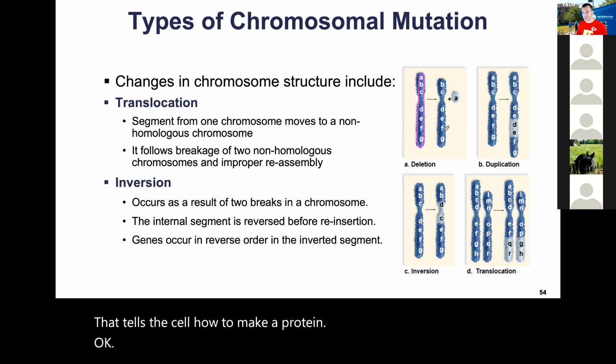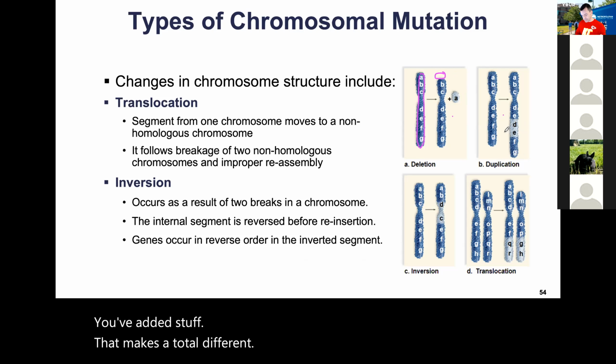When it comes to some of these, like this one and this one, it's not the same. You're missing stuff. You've added stuff. That makes a totally different list of instructions with which to make a protein. It may become totally dysfunctional now.